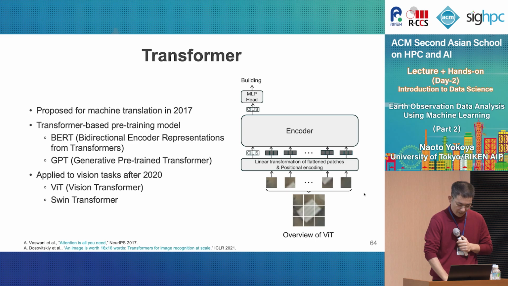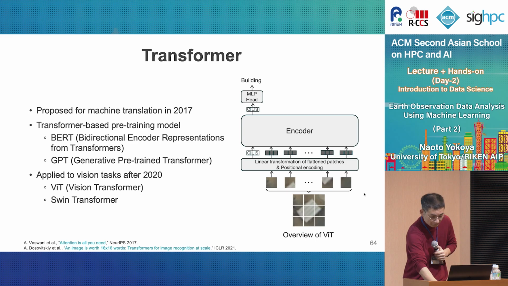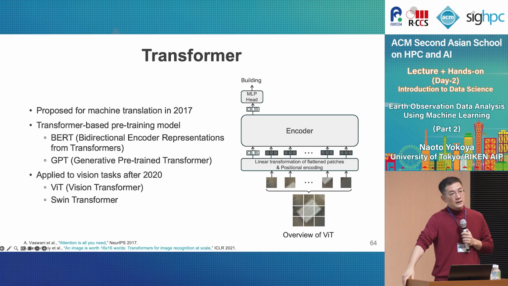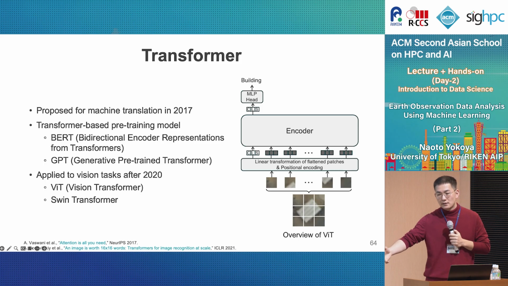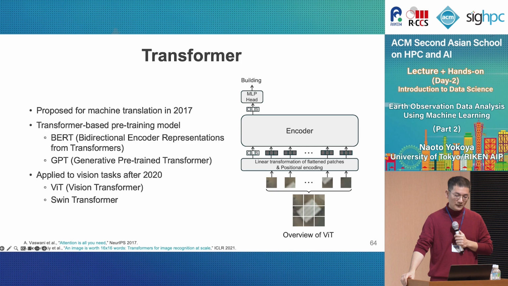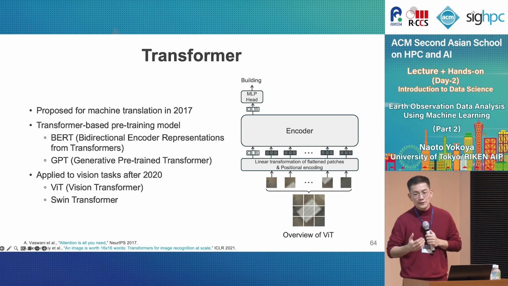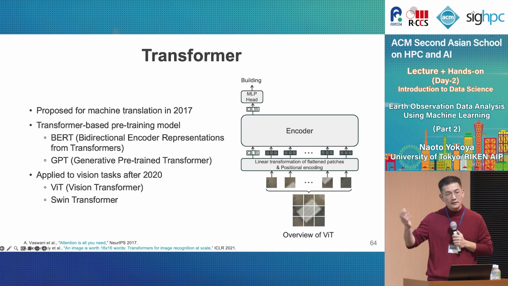Maybe I explained a bit slowly. So yeah, transformer. Transformer is everywhere now, also for image processing. CNN was powerful, but people use vision transformer. Originally it comes from natural language processing, but here is an example applied to image processing.